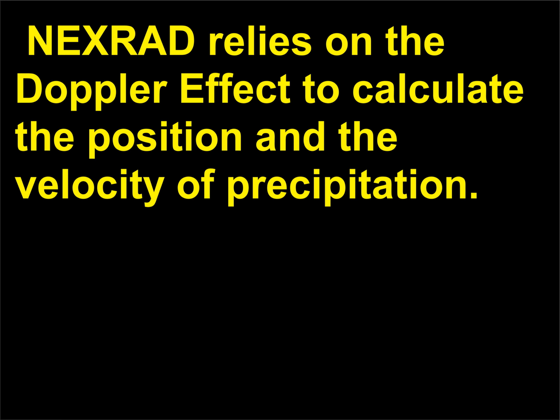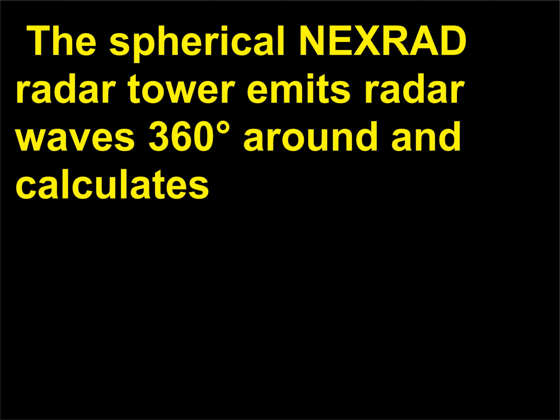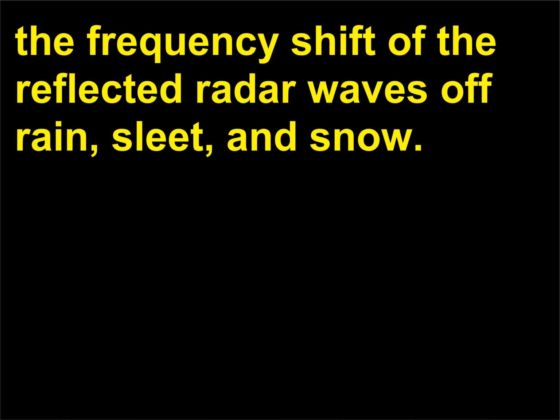NEXRAD relies on the Doppler effect to calculate the position and the velocity of precipitation. The spherical NEXRAD radar tower emits radar waves 360 degrees around and calculates the frequency shift of the reflected radar waves off rain, sleet, and snow.